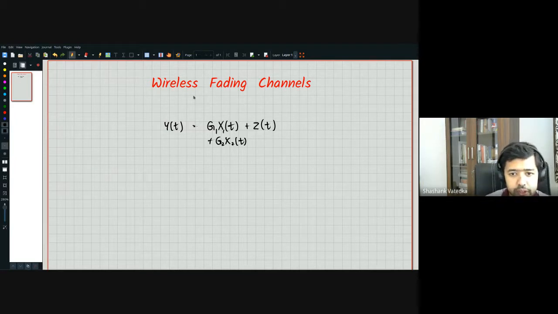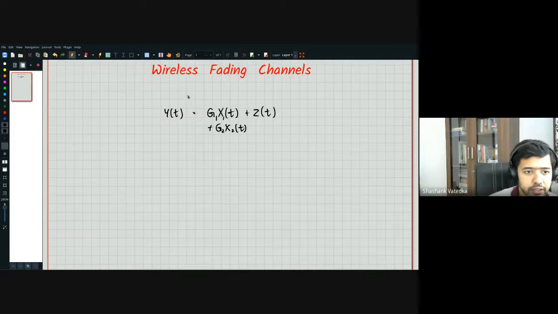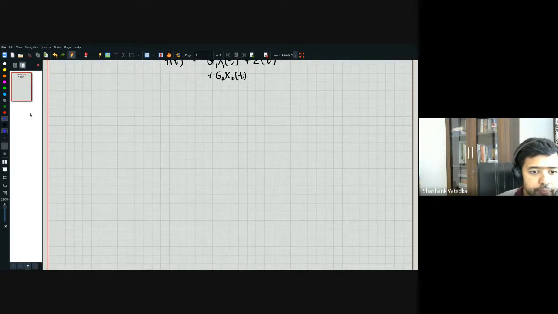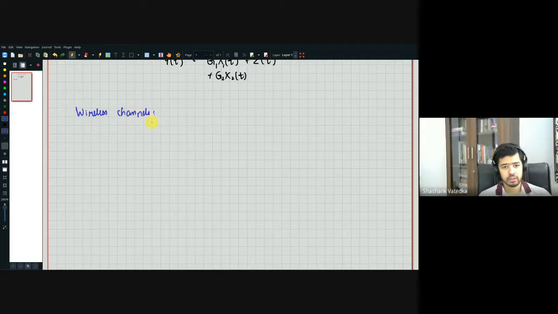Okay, so let's talk about wireless channels. Right, so these are channels which model basic cellular communication systems or Wi-Fi or even satellite communication for that matter.